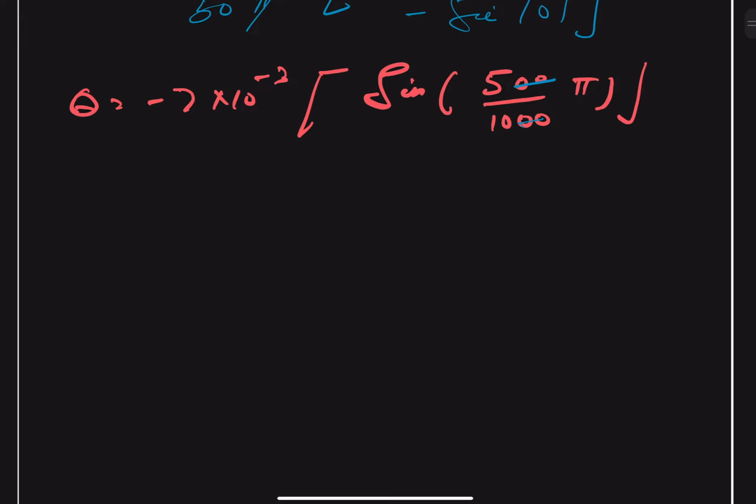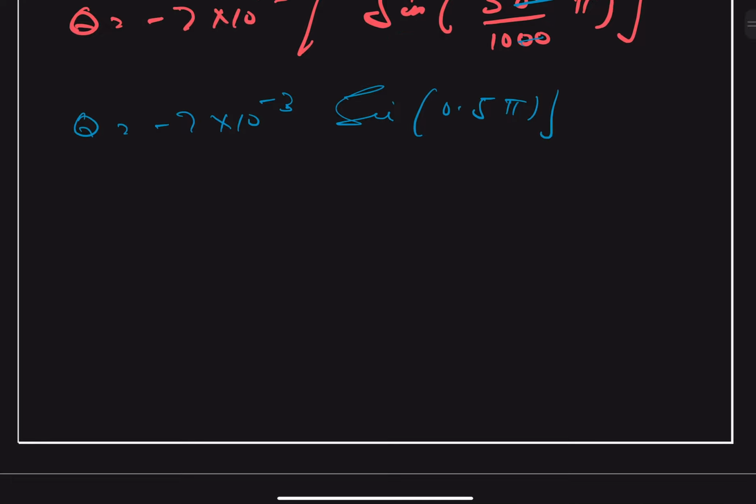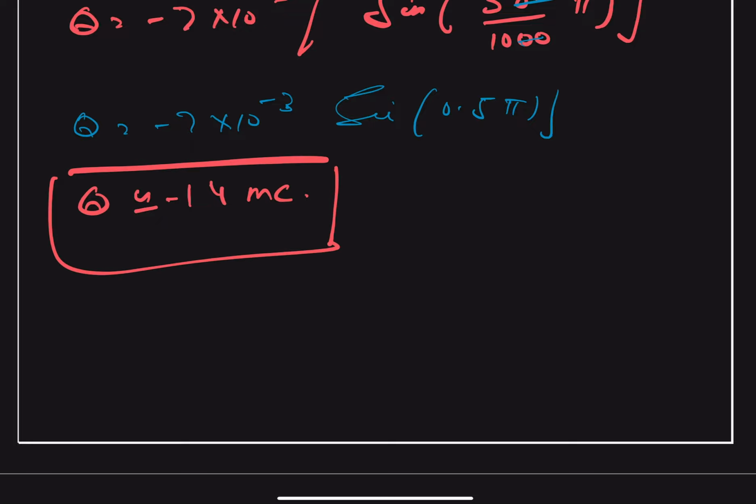So we are left with q is equal to -7 into 10 to the power -3, and this is our sine of 0.5 times pi. So this will be giving me approximately -14 millicoulomb. No, it's the correct one.